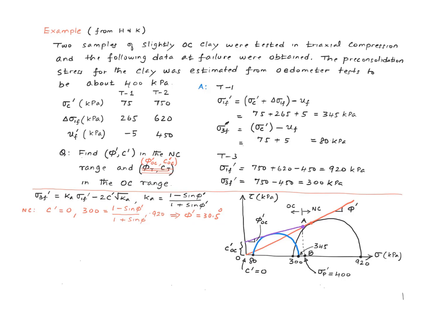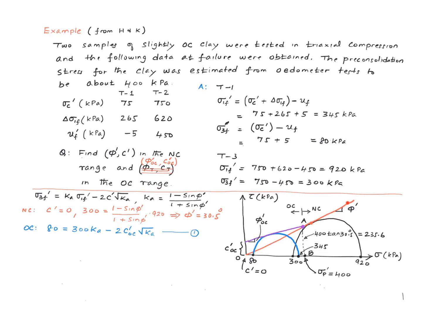Now we come back and work on the over consolidated range. We have two parameters, C prime OC and phi prime OC, and therefore we need two equations to solve these. I apply this equation for the stresses from test number 1. I get one equation. To write down a second equation, we first recognize that this point A is on both this failure line and this failure line, right?